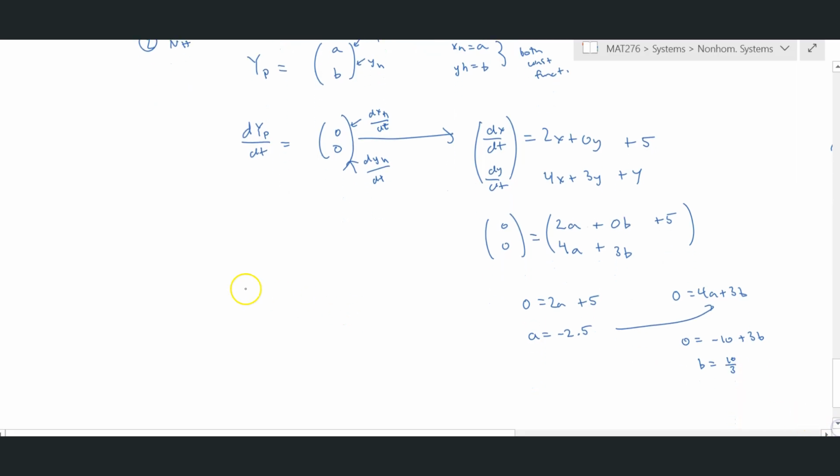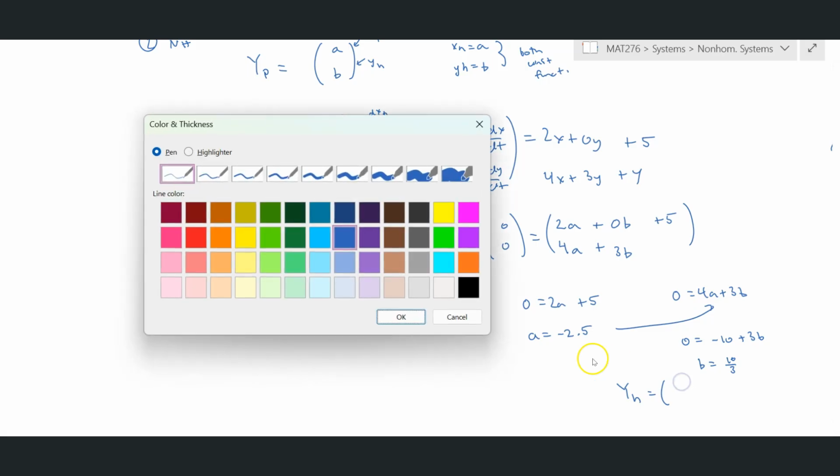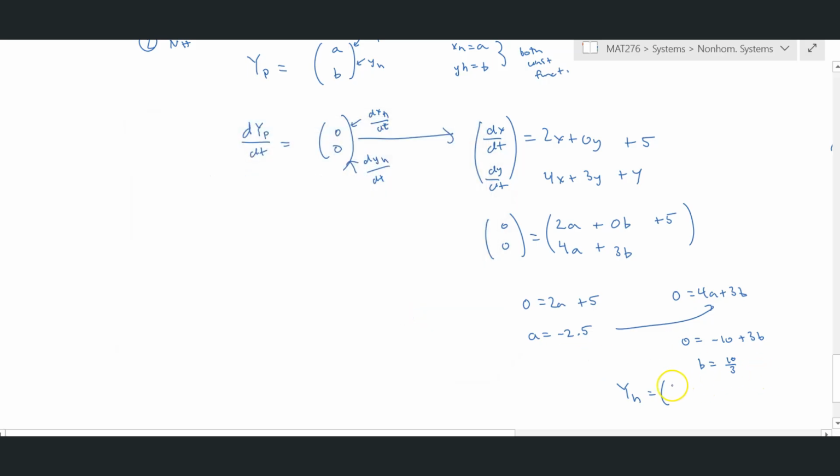And so what's my final solution? Well, my y sub p, therefore, is equal to a and b. So a will be negative 2.5 and b will be 10 thirds. I think I'm just going to go ahead and leave these both as fractions, just so I don't have to round the 10 thirds. It's not really a good idea to use mixed fractions and decimals.